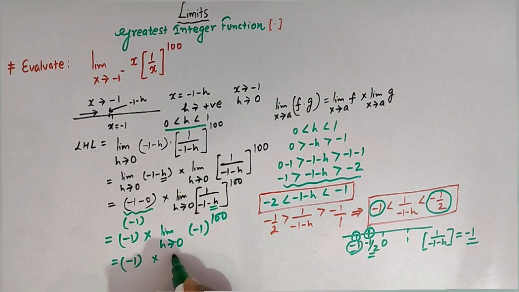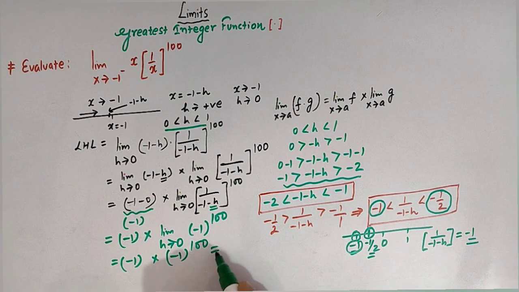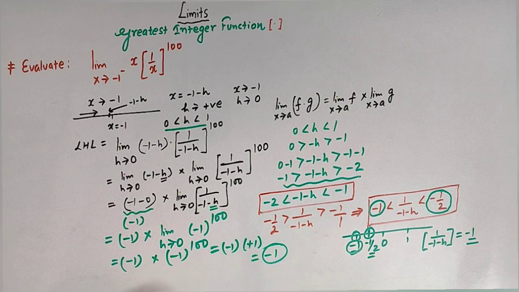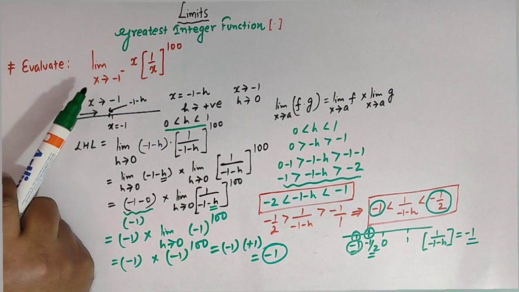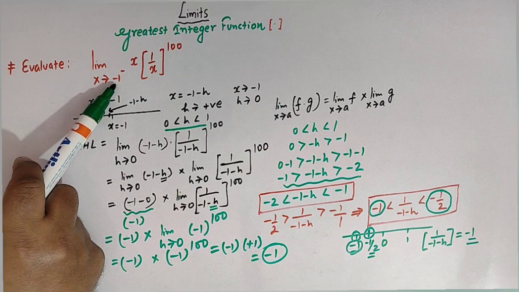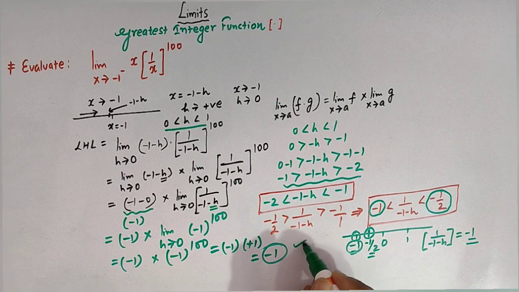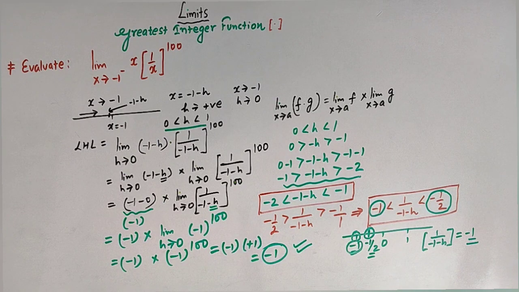We have simply minus 1 raised to 100, which is plus 1, so the product is negative 1. So the left hand limit of this function when x approaches minus 1 is equal to minus 1. Viewers, this is how we can solve these types of limits.